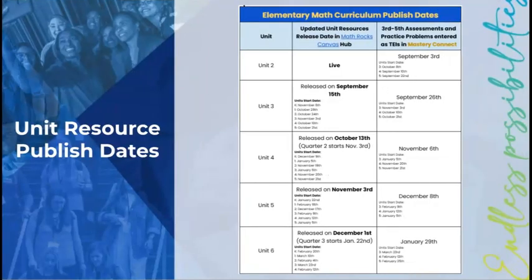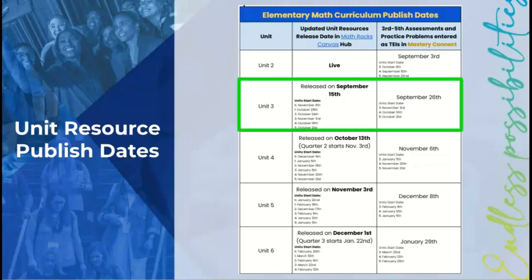All parts of the curriculum guides will support your PLC as you collectively deep dive into each unit. Currently, Unit 3 is available, and Unit 4 will become available on October 13th. You can access this material's release document in Math Rocks on the home page above the grade level buttons.